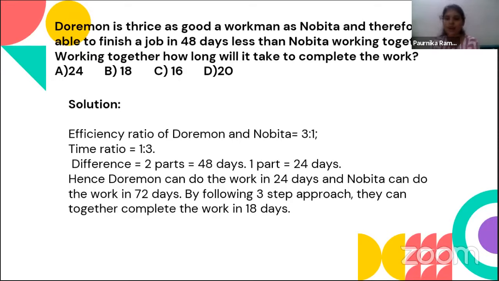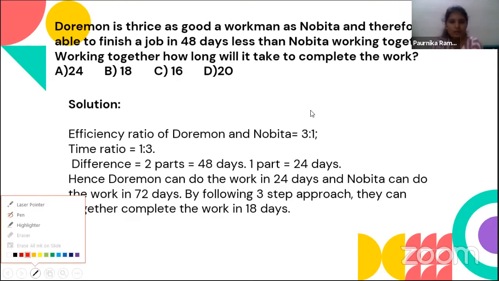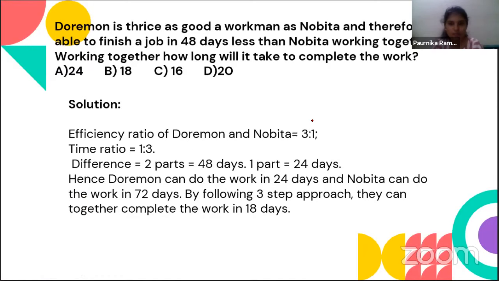Now divide the LCM by the 4 parts. Since I'm not able to explain this with the digital board, I think I'm not very clear to you. I'll try to explain this way. You can see totally there are 4 parts, right?